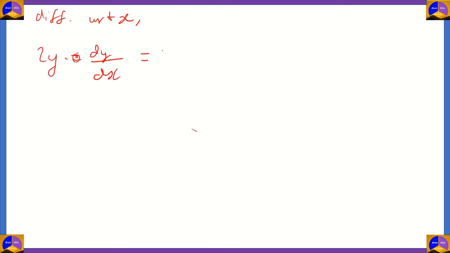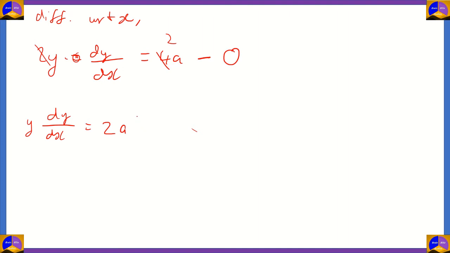So differential of x is 1, so you have 4a times 1 minus 4ak. All of them are constants, so therefore differential of a constant is 0. So 2y times dy by dx is equal to 4a. You can just cancel the 2 here, so therefore y dy by dx equals 2a.